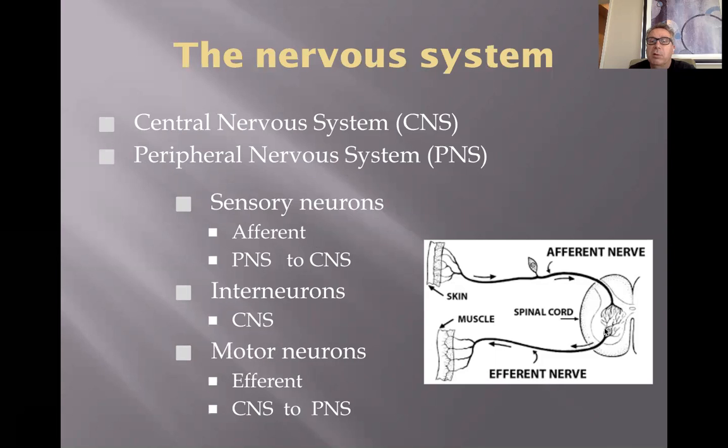Interneurons are located within the spinal cord, and then the motor neurons go from the spinal cord to the muscle, right? So we have afferent going towards the spinal cord, efferent going away.